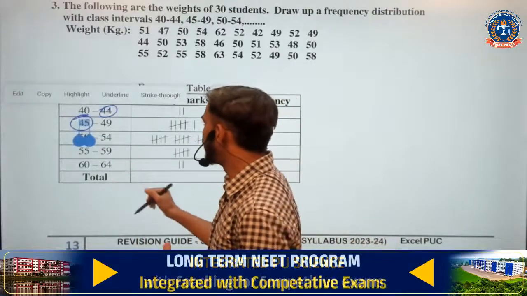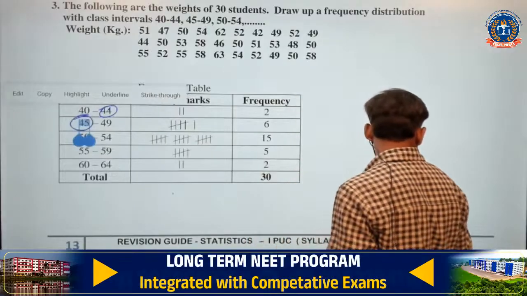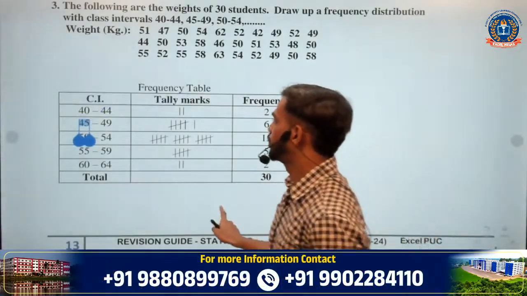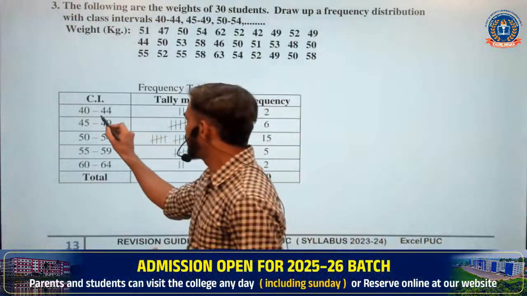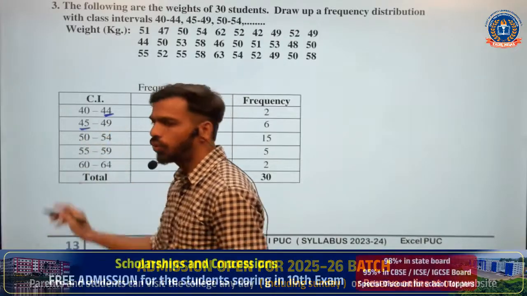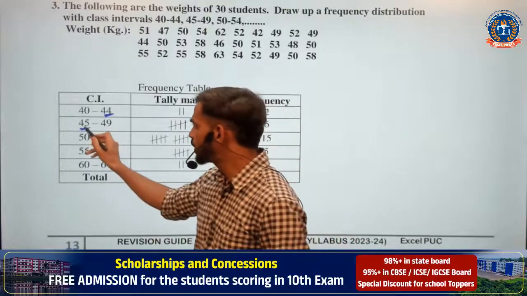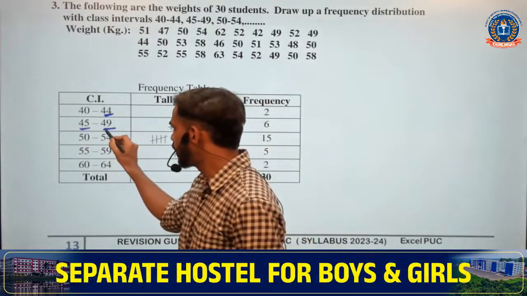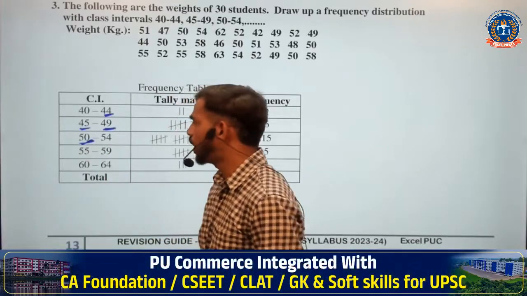Here they are different. The upper limit is 44 here, and the lower limit of the next class is 45. Similarly, the upper limit of the second class and the lower limit of the third class are different.